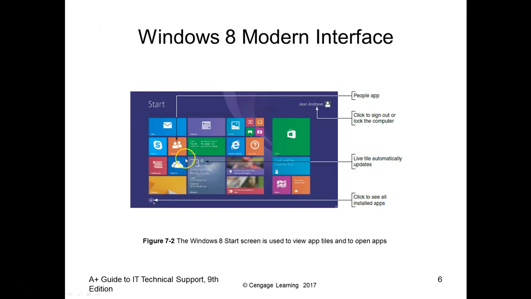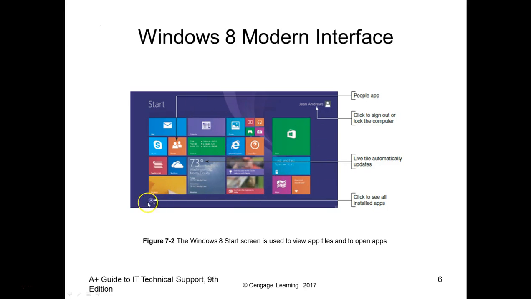This is one of the examples of a live app right here, where it's getting live information from the weather, whichever location you choose. Then you have other static ones like your People, your Calendar, Internet Explorer that aren't going to change. They're going to stay the same.